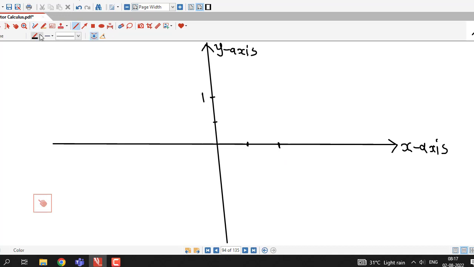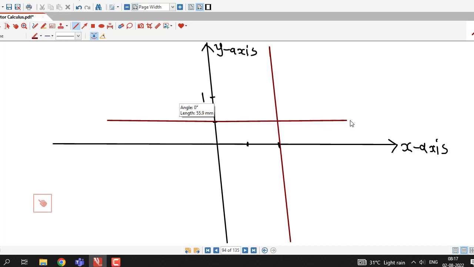So first we sketch the line x equal to 1, which is at a distance 1 from the origin. So this distance is 1, therefore this is the line x equal to 1, and we require another line y equal to 1/2. So it is a line parallel to the x axis. So these are the lines.